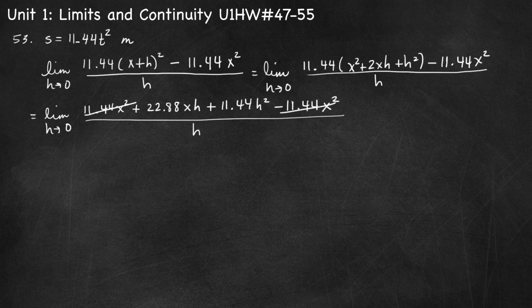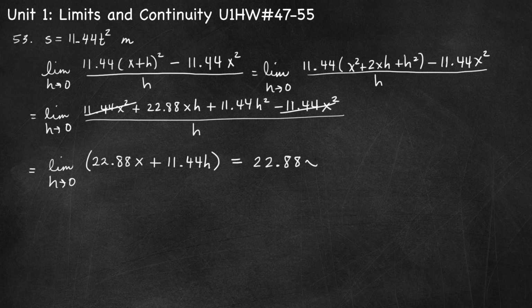And then we can factor an h from the numerator, which will cancel with the h in the denominator, leaving us with 22.88x plus 11.44h. Now we're going to find this limit using substitution. So I'm going to substitute 0 in for the h, and that's just going to give me 22.88x. So that's my general slope equation.